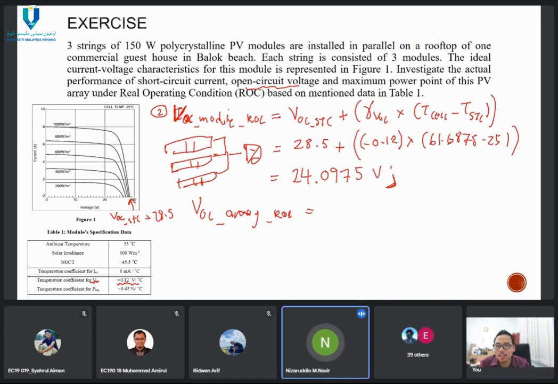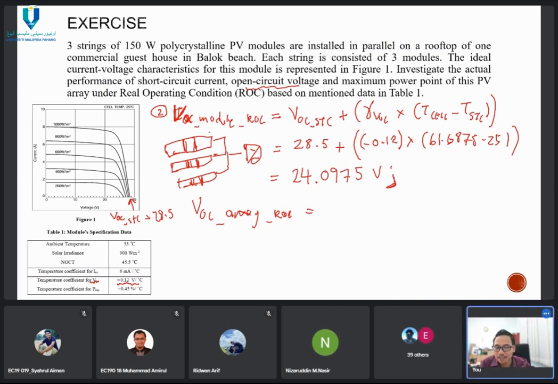Kalau dekat string. Macam ni lah. Okay, jadi kalau parallel maksudnya setiap parallel tu sama, tapi untuk satu string tu darab 3. So darab 3 lah.